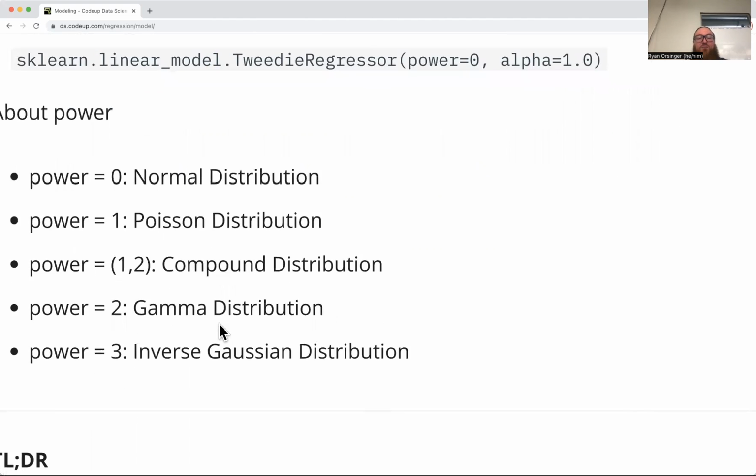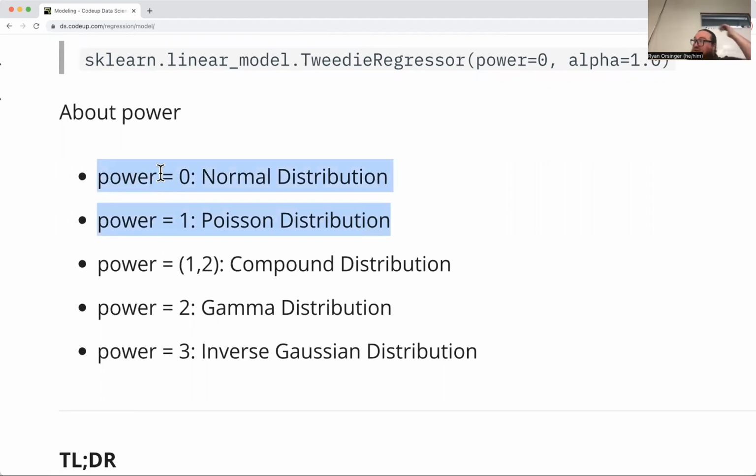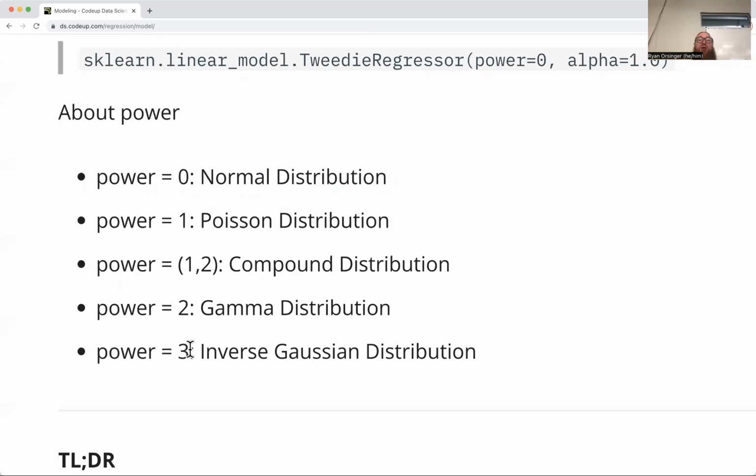So we've talked about normal distributions. Those look like a bell. Those are your normal bell curve. A Poisson, we saw Poisson distributions when we had events over a time period, but that shape of a Poisson distribution doesn't necessarily have to be related to time. Compound and gammas are more exponential distributions. And then a third power Tweedie regressor can work with an inverse Gaussian distribution. I'll say that 5 times fast.